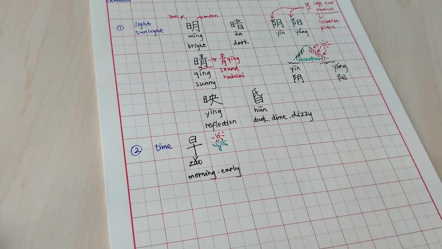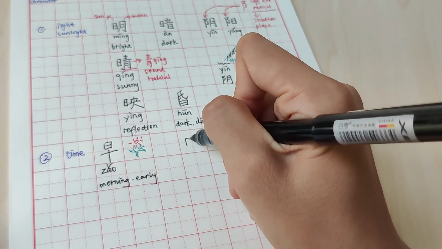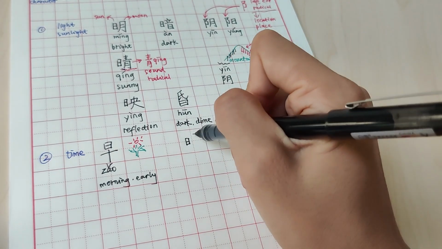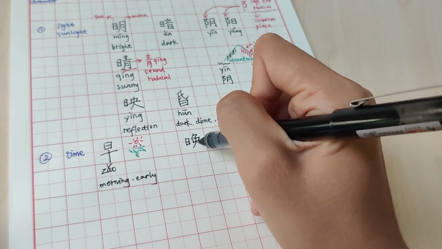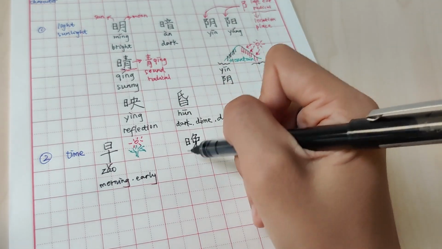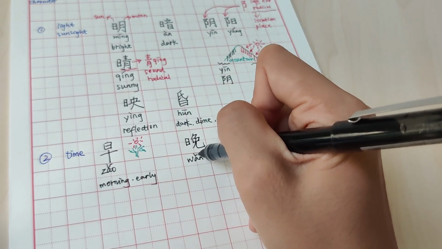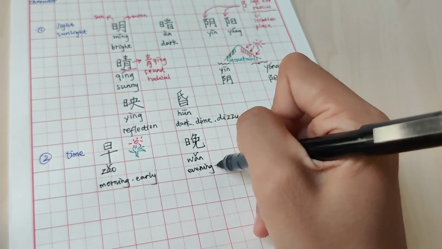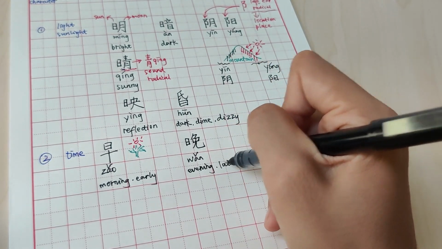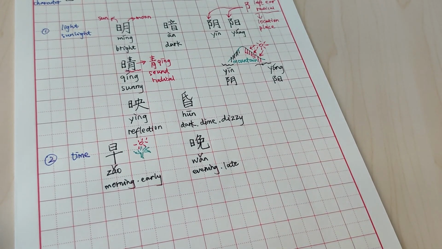Let's think about another time word that we learned in the previous lesson. That is evening, 晚上. Now we have the sun radical on the left, and this is 晚, which means evening or late. Okay, sun.